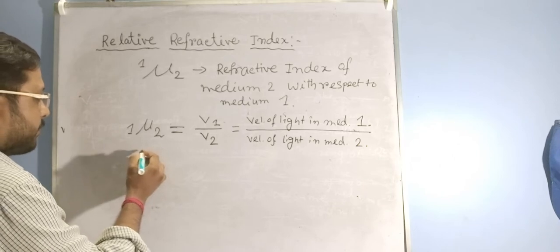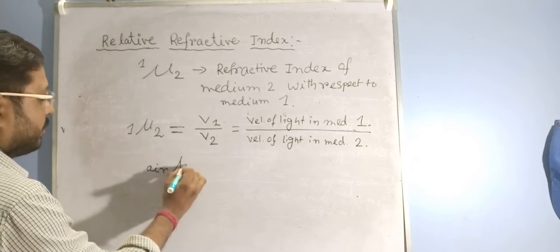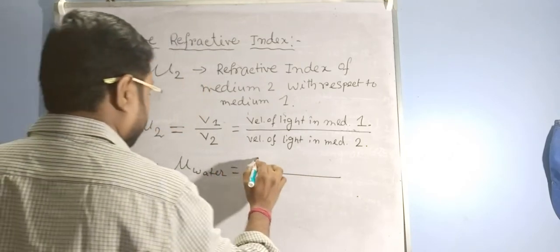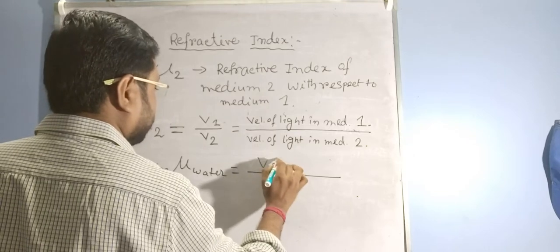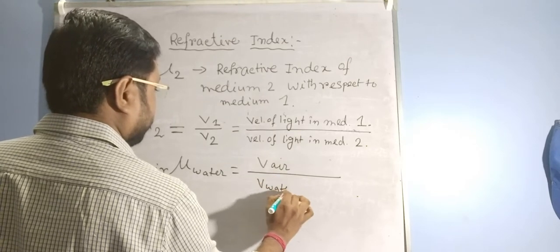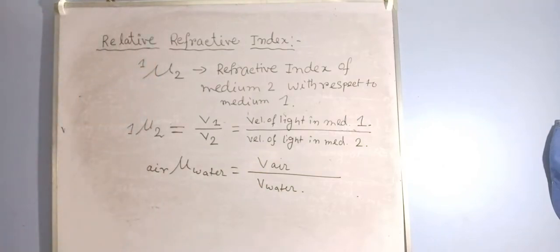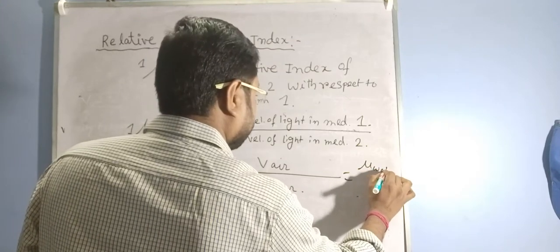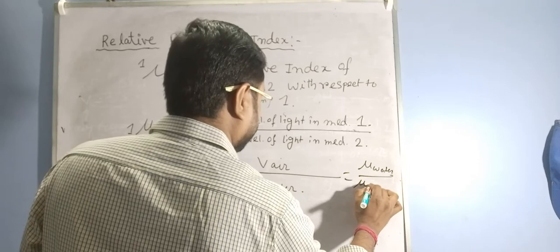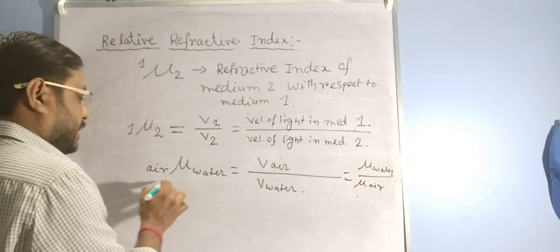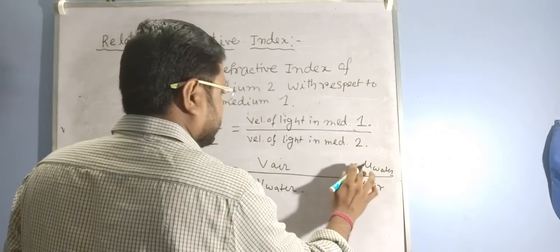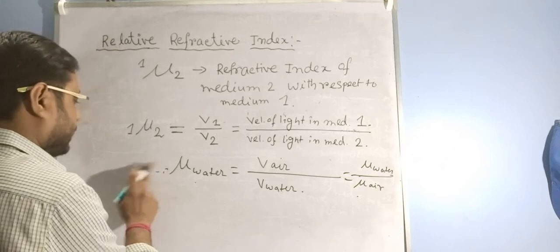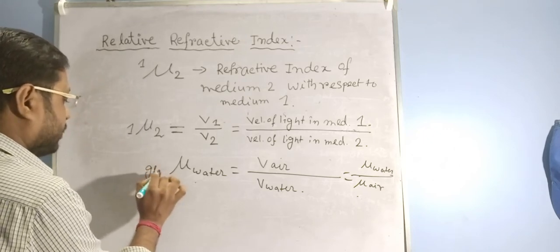If light rays goes from air to water, so mu air to water is equal to, we can write V air by V water, velocity of light in air divided by velocity of light in water, equal to mu water by mu air. This mu and this mu have difference. We can write it glass for convenience.